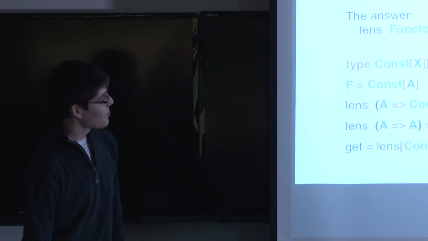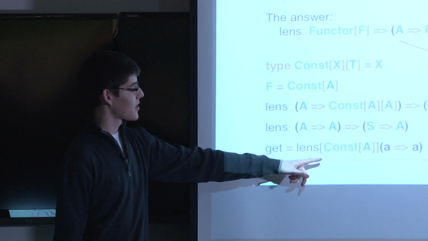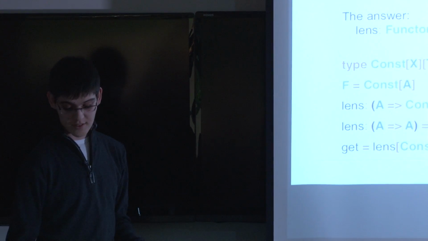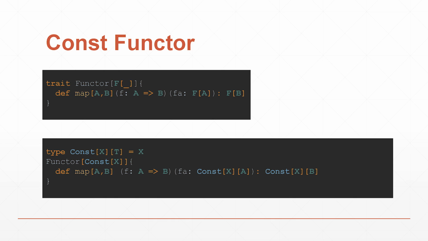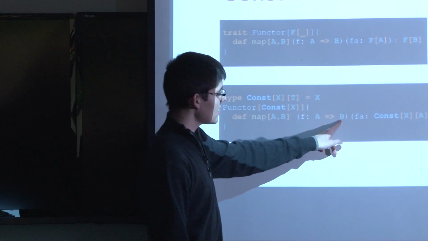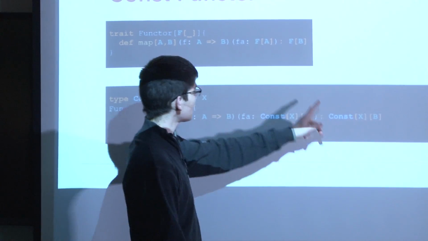All right. So we showed how we can substitute const, and now we need to show that it's a functor. So this is what we have. Const x t is just x, and we'll provide a functor of const x, right? And it takes another type parameter in the function. So given a function a to b and a const x a, we need to return a const x b, right?